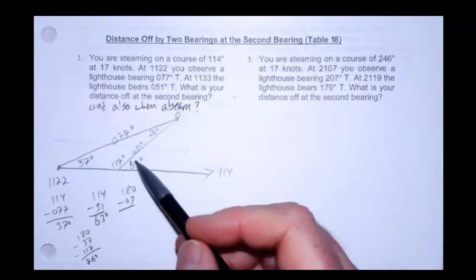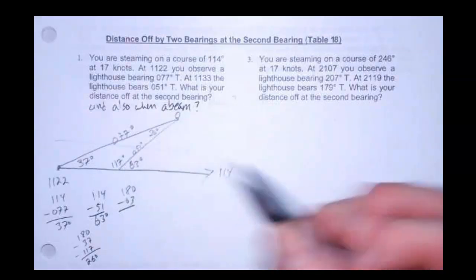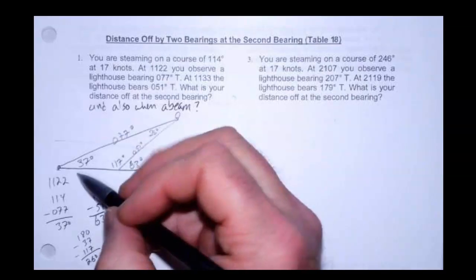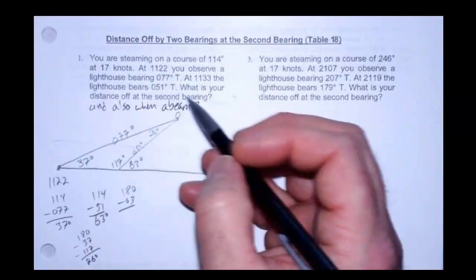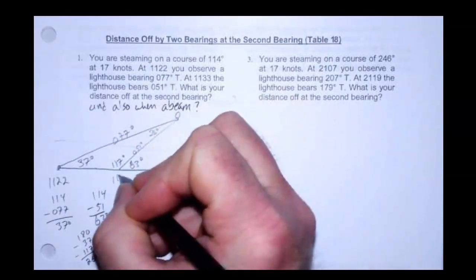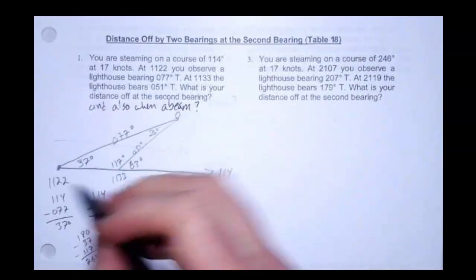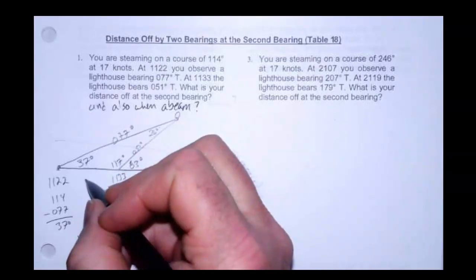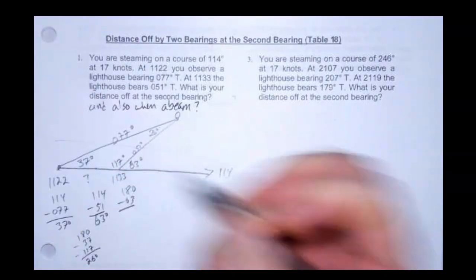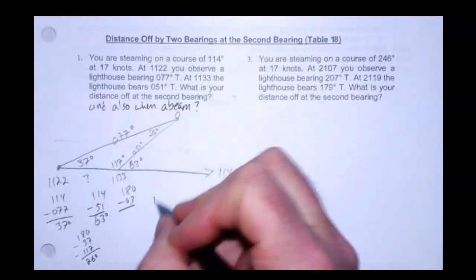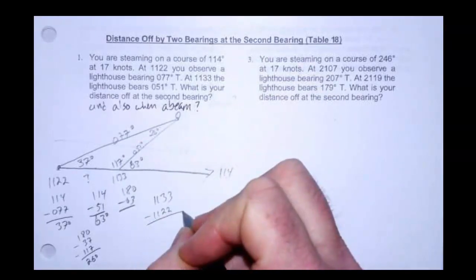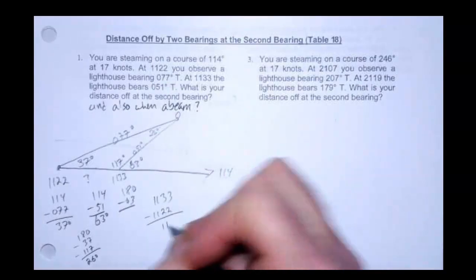Now I know these three angles, and what I need to do is calculate this distance. That was 11:22 to 11:33, and I'm making 17 knots. So what is this distance right here? That's 11:33 minus 11:22, which turns out to be 11 minutes.